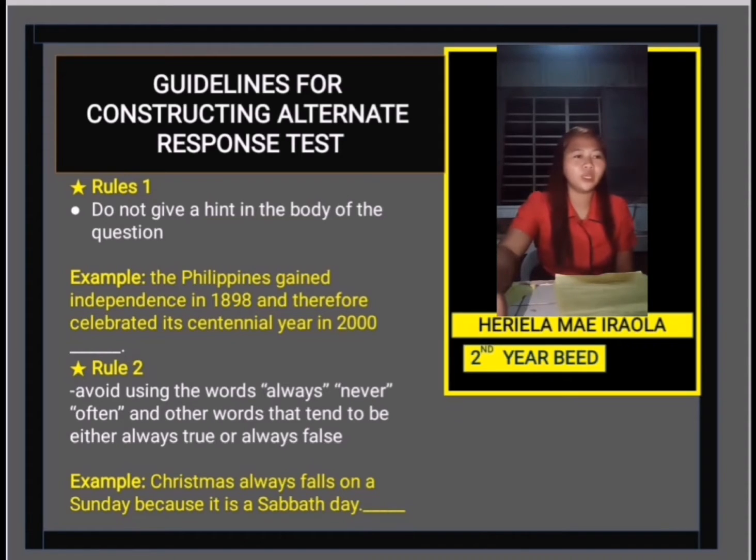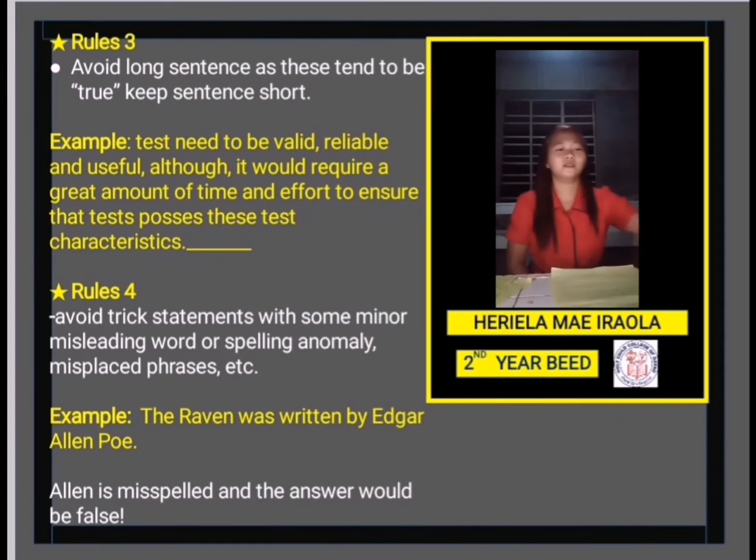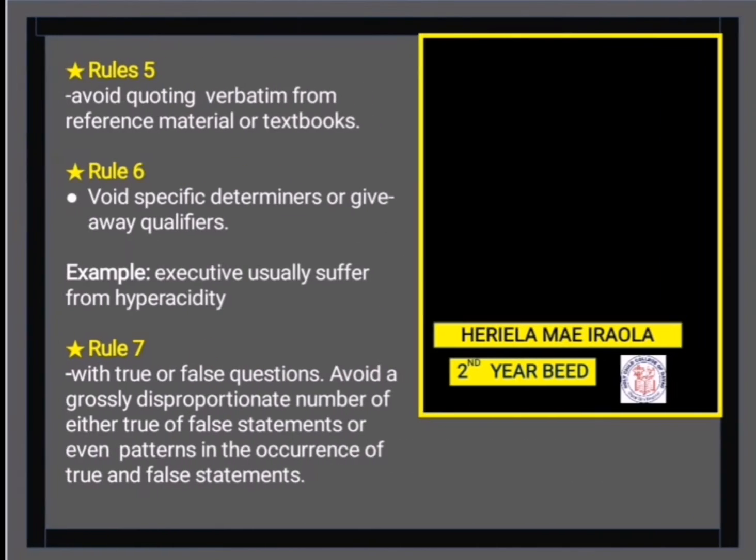Rule number 2, avoid using the words always, never, often, and other words in an attempt to be either always true or always false. Rule number 3, avoid long sentences as they tend to be true, keep sentences short. Rule number 4, avoid trick statements with some minor misleading word or spelling anomaly, misplaced, etc.